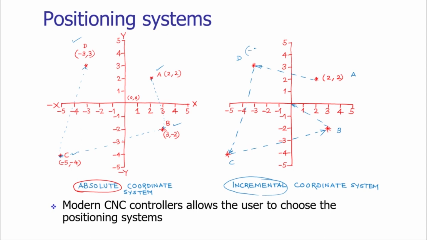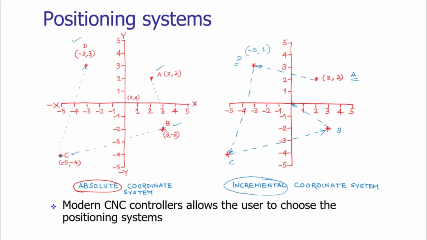So I'm writing here -5 along X direction. And how many units along the Y direction? There is only one unit, from 2 to 3, in the positive direction. So it is -5, 1. This is the incremental way of designating the location of point D with respect to point A.